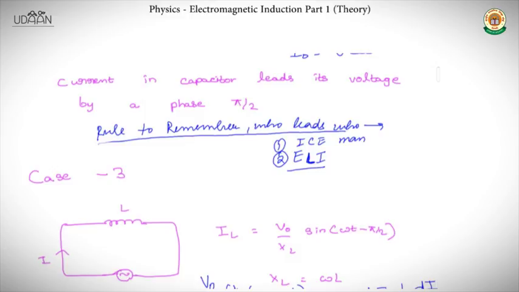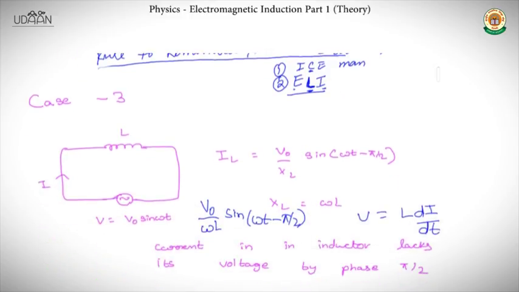That's right. But you can just remember it this way, using ICE and ELI: if it is connected to a capacitor, the current in the capacitor leads its voltage. And similarly, if it is connected to an inductor, the voltage across the inductor leads the current in it. That's right.